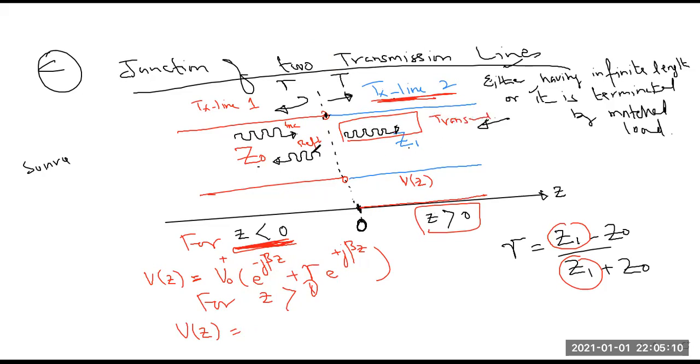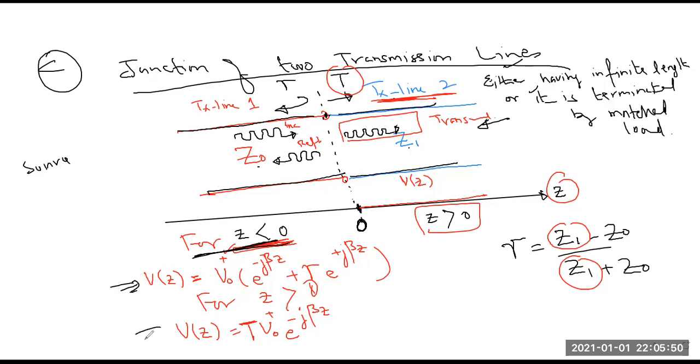The transmitted wave magnitude is the incident magnitude V naught plus multiplied with the transmission coefficient, so T into V naught plus, and this wave is traveling along the positive z axis, so e power minus j beta z. So I have mathematically represented the voltage on this portion and the voltage on that portion.